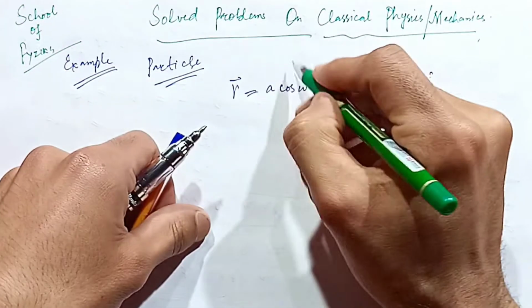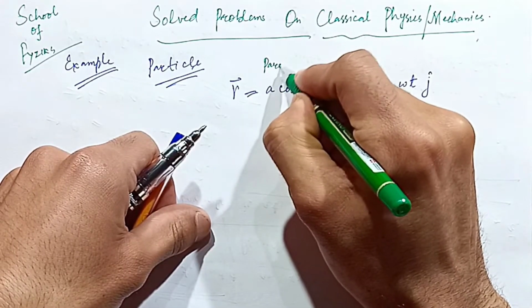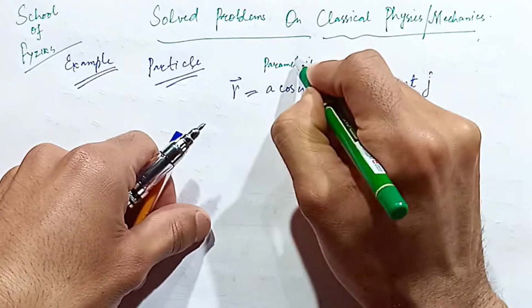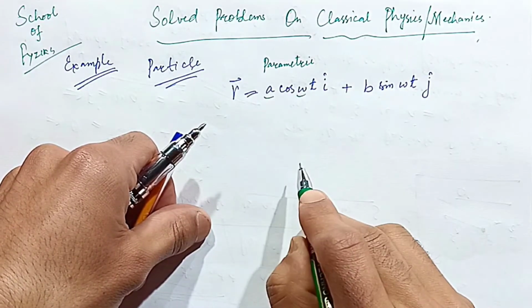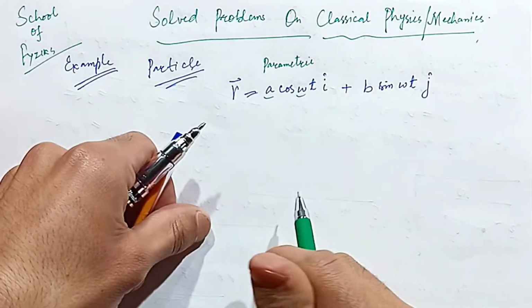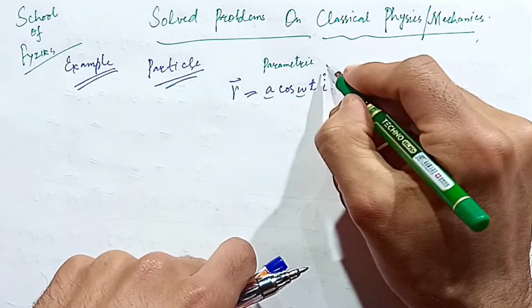This is the parametric curve. Parametric means there are different parameters, a, b, omega, upon which the motion of the particle depends, and these are constants.